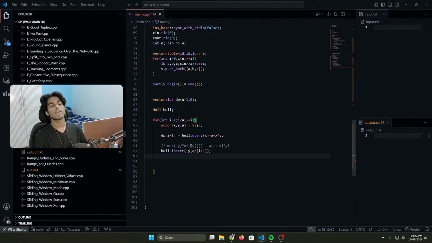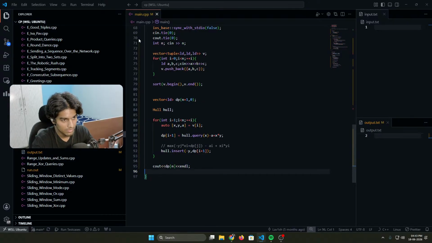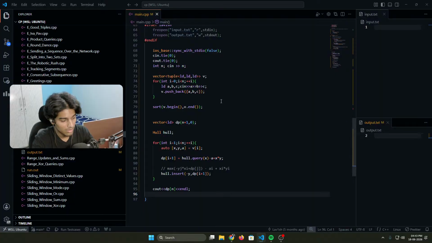I think this is fine. I just have to make sure my hull is okay. Do I have a shortcut? Probably do.